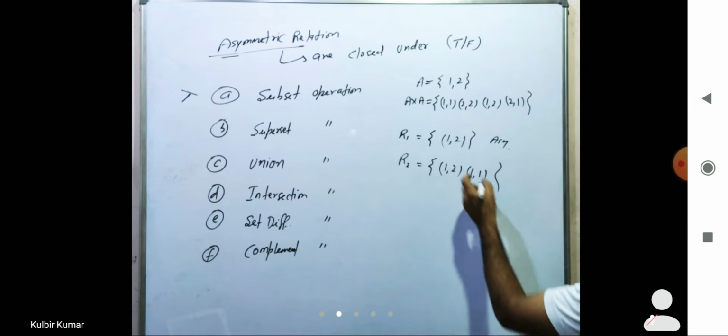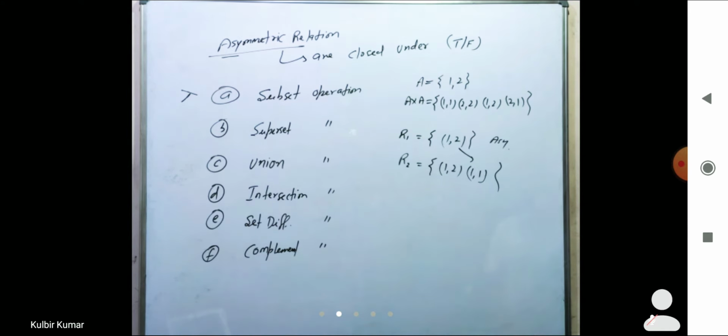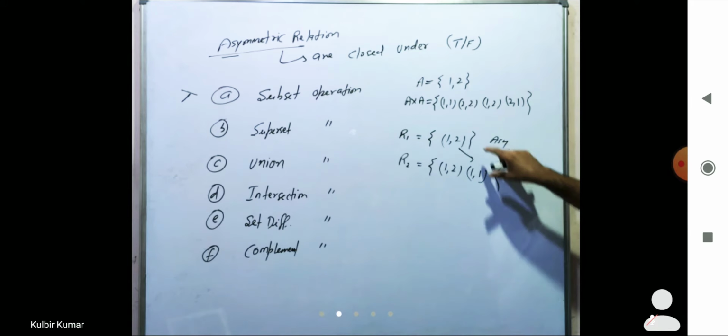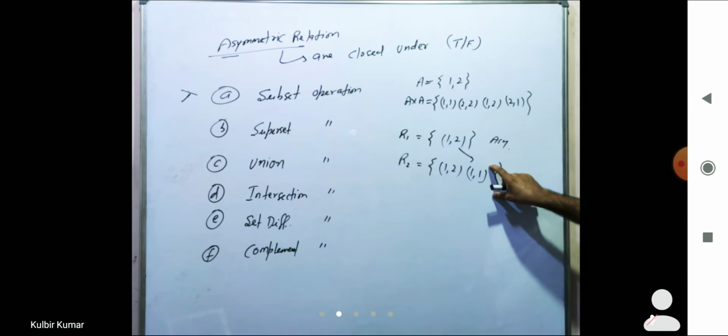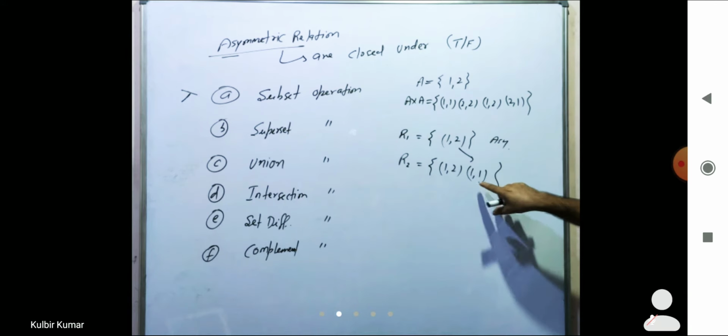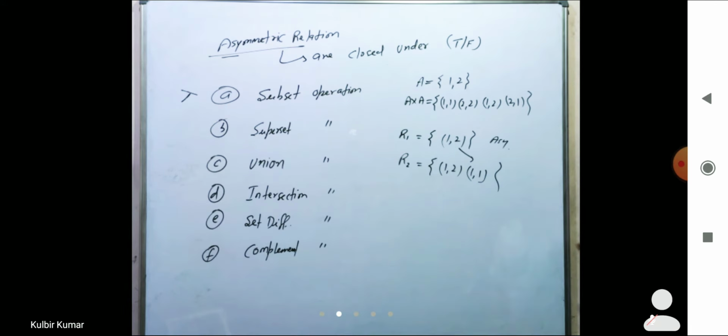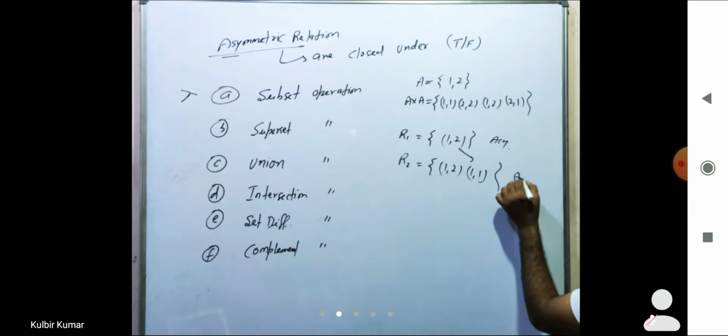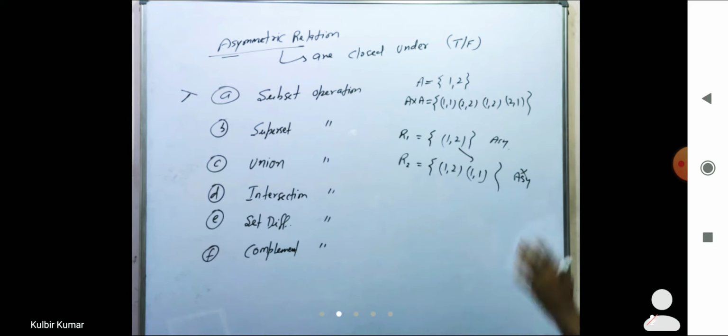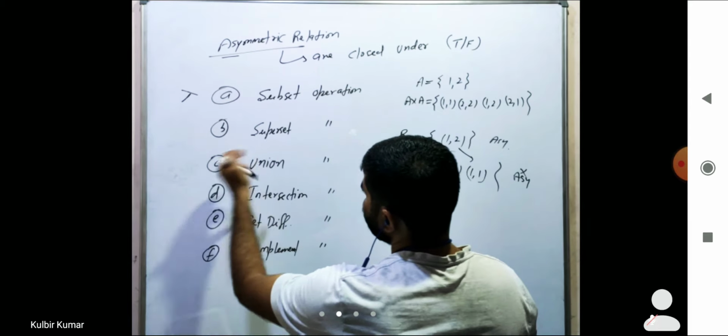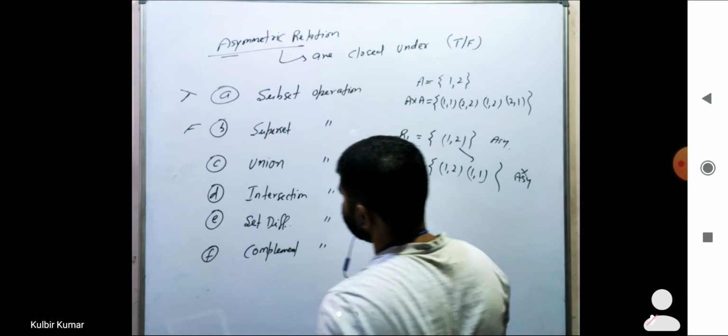Now this is a superset of this one. ठीक है, तो 1,2 का सुपरसेट ये वाला है। बट इस सुपरसेट में डायगोनल एलिमेंट है, डायगोनल ऑर्डर्ड पेयर की वजह से ये एसिमेट्रिक नहीं होगा, राइट। तो एक काउंटर एग्जांपल मिल गया। Finally we can say it is not closed under the superset operation, so this is false.